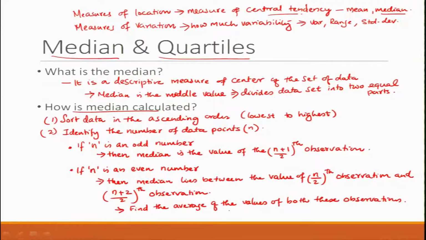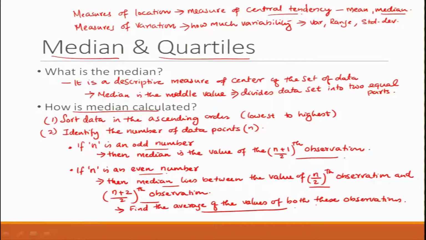So, if n is odd, you find the (n plus 1) by 2th observation and the value of that will give you the median. If n is an even number, then the median will lie between the n by 2th observation and the (n plus 2) by 2th observation, and the average of these two values is what is called the median.